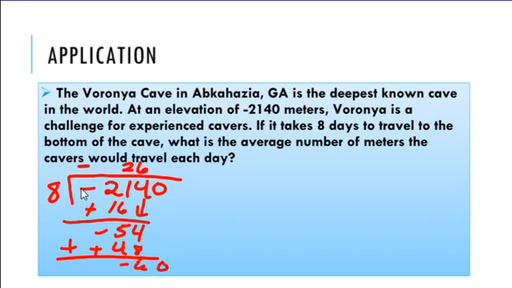Bring down the 0. 8 goes into 60. It'd be about 7 times. 8 times a negative 7 is a negative 56. And if we were to do the subtraction, it would be 4. So really it would be negative 267.5 meters per day.